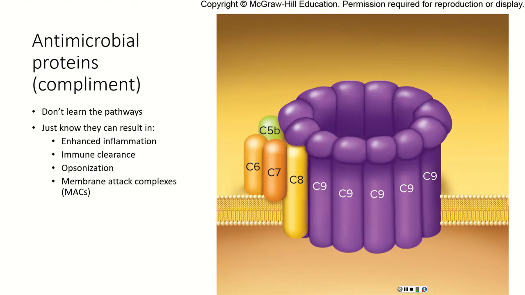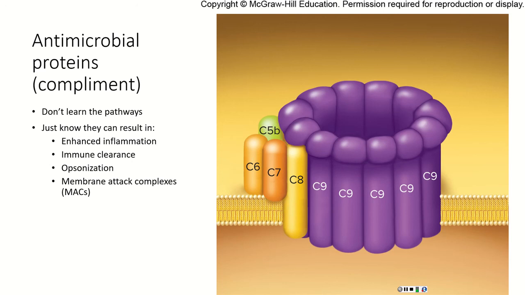Next, antimicrobial proteins, the complement cascade. So complement proteins are a group of many different proteins in our blood that, for the most part, are circulating doing nothing. This is a trend that we've seen a few times now. Remember, there's lots of stuff in our plasma that most of the time does nothing until it is activated. Well, let's see what happens when these complement proteins are activated.